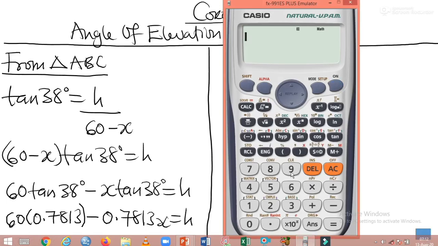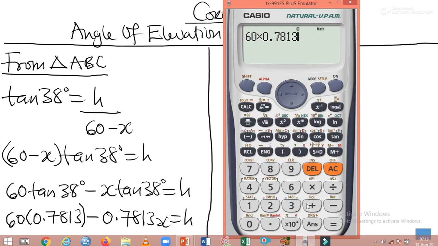Good. Let me confirm my tan 38 first. Okay, good, 0.7813. So now we want to multiply 60 by 0.7813.